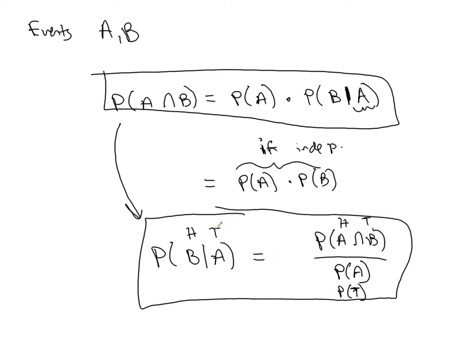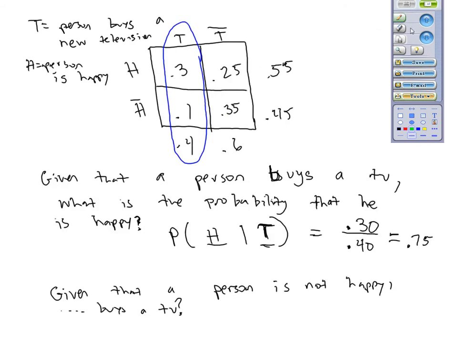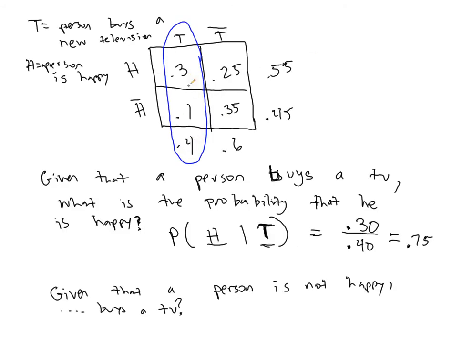So you're looking at the total percentage of things falling into here, and then of that percentage, what figure represents the probability that you want. So really all that's happening with regards to working in tables is you're modifying your denominator. It's not 30% out of 100%, it's now 30% out of 40%, because your total is based on being in the buying a television column.